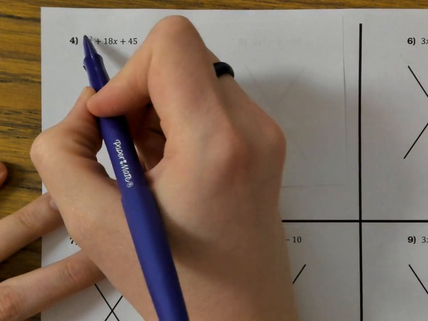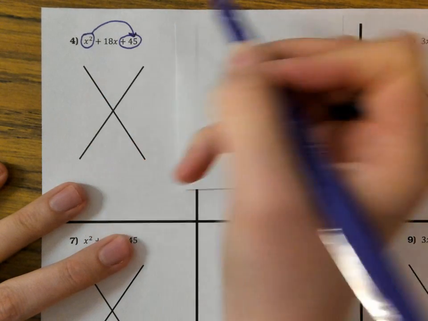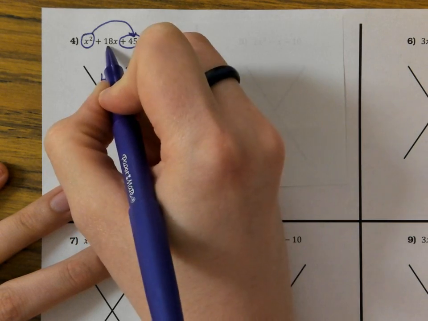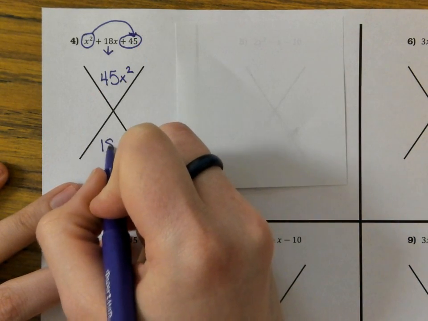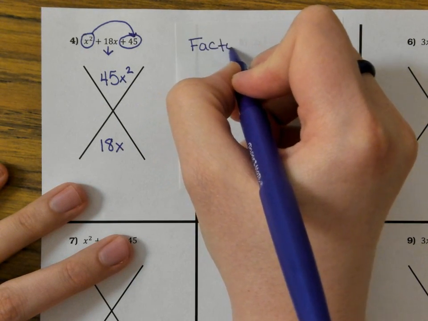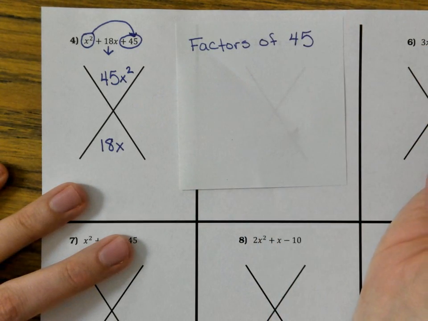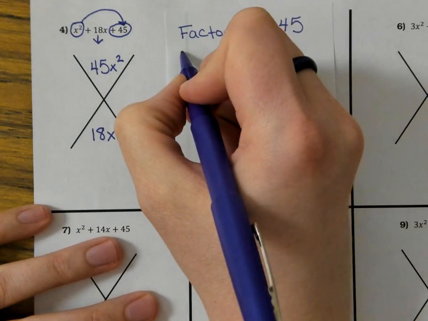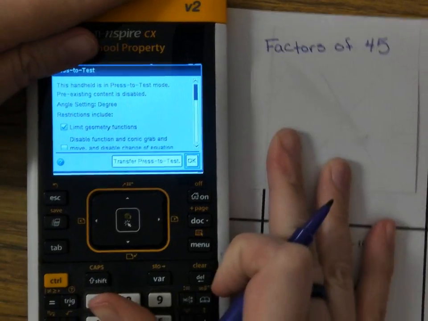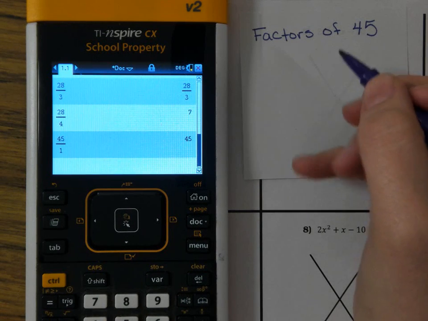And for number 4, first term times last term. So that gives me 45x squared. Move the 18 to the bottom. And here I'm finding factors of 45. So again, I'm just going to show you how I would do it on my calculator. I would type in 45 divided by 1 gives me 45.